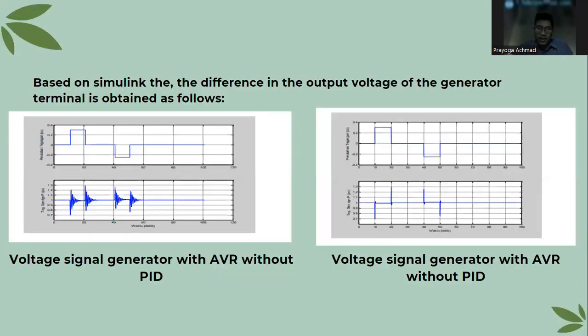We can look at this signal of the generator. First there is stability, then an increase, a fall, an increase, and stability again, for the voltage of the generator with AVR without PID.